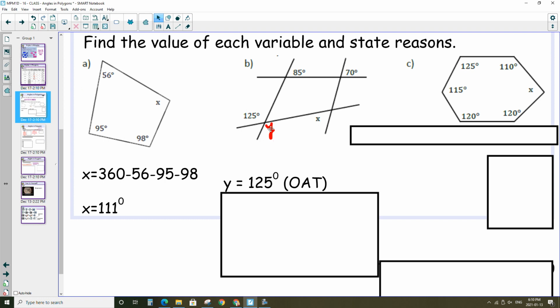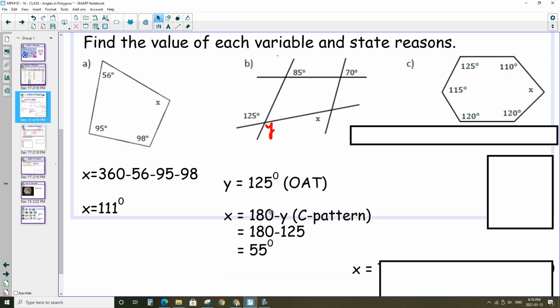And now once I have this angle in here, I can easily find angle X, because these two angles together have to add up to 180 degrees, and that's because of the C pattern. You might remember that from an earlier lesson. This makes a C pattern, and the internal angles on the same side are always equal to 180 degrees. So that's what I've done here. So I said 180 minus Y will be equal to 55 degrees because of the C pattern.